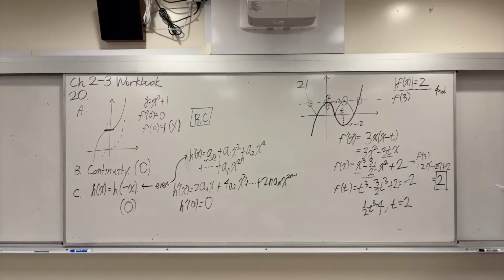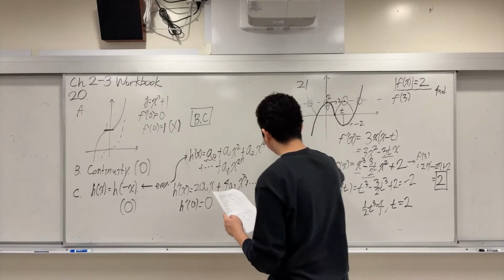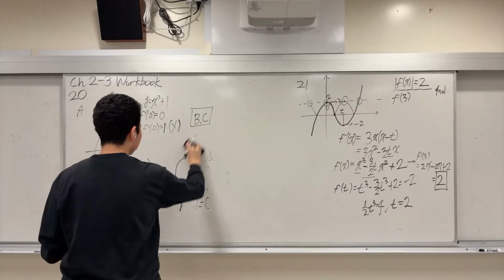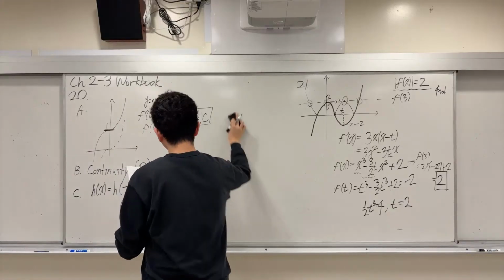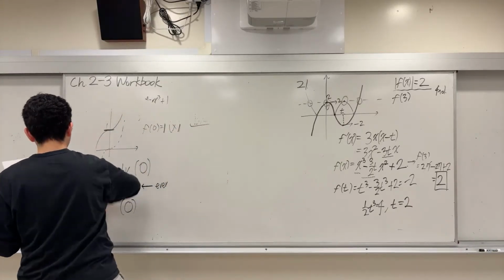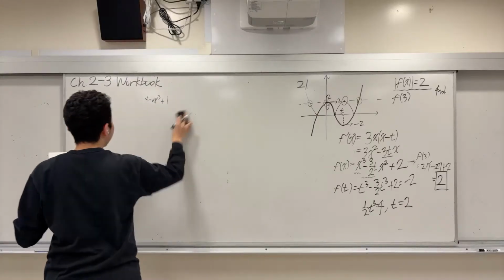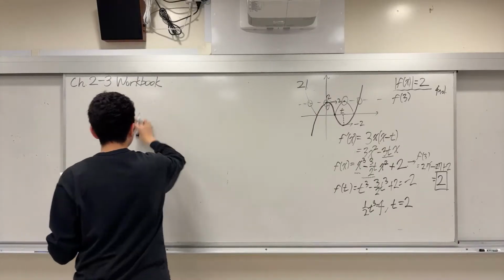All right, so that was number 21, and let's go on to number 23. Okay, so 23, we have a composite function.